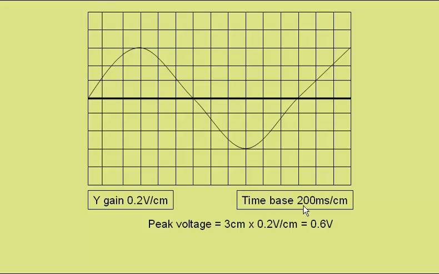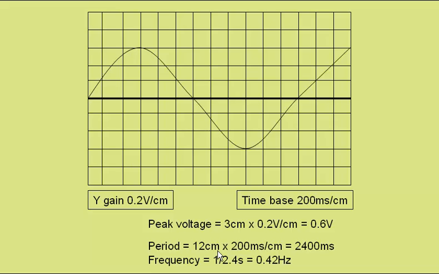The time base at 200 milliseconds per centimeter, and we have 1, 2, 3, 4, 5, 6, 7, 8, 9, 10, 11, 12 centimeters, meaning a time period of 12 centimeters at 200 milliseconds per centimeter, which is 2400 milliseconds, or 2.4 seconds. The frequency then 1 over 2.4 seconds is 0.42 Hertz.